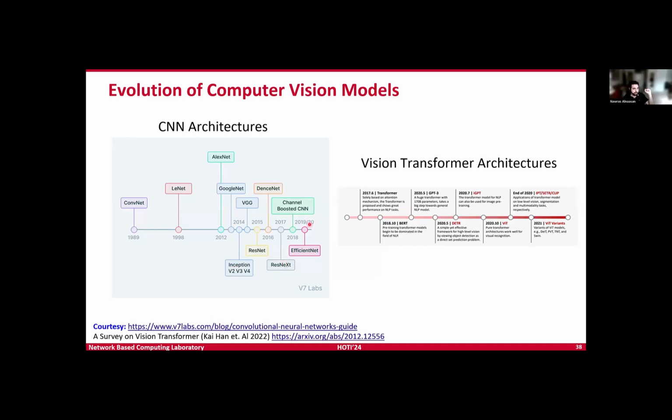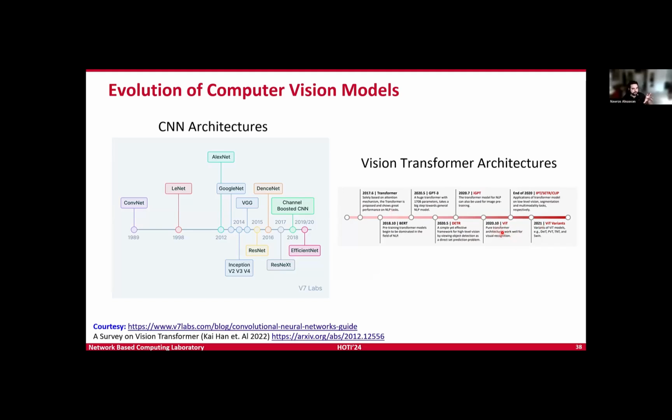And then we have also the Vision Transformer family of architectures, which came after the introduction of the attention mechanism in deep learning in 2017. Researchers found that, okay, this is a very good architecture. Can we generalize it? Can we use it for computer vision problems as well?